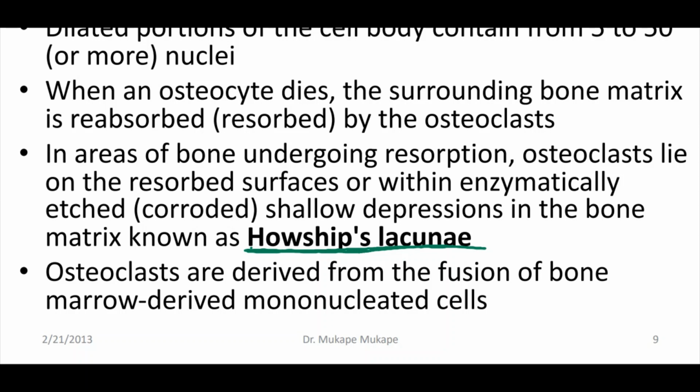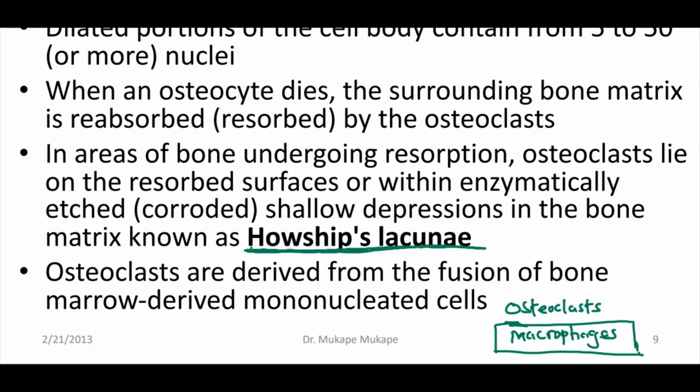Osteoclasts are derived from the fusion of bone marrow derived mononucleated cells. First, osteoclasts are the macrophages of bone tissue. Remember, when macrophages go to different tissues, they assume different names. So macrophages in the bone are known as osteoclasts.